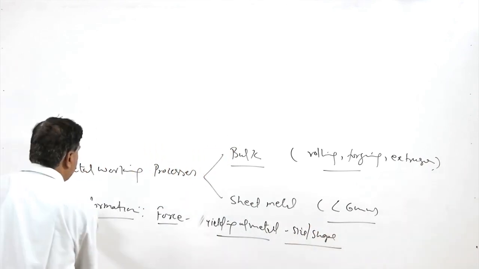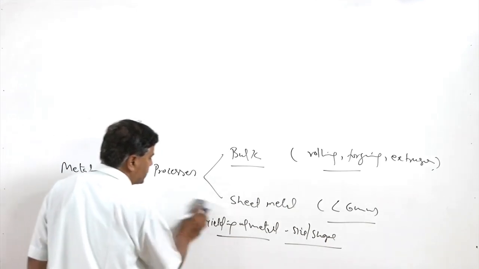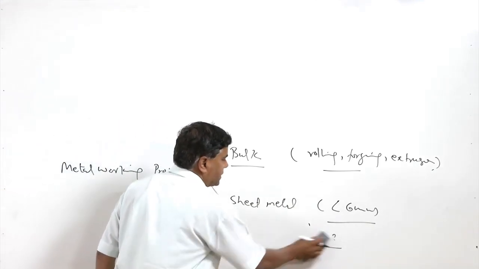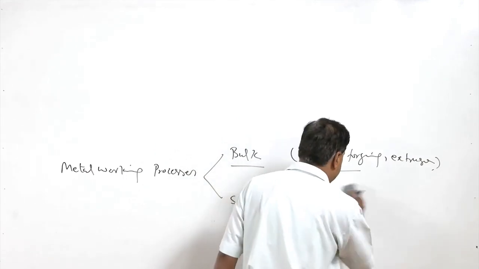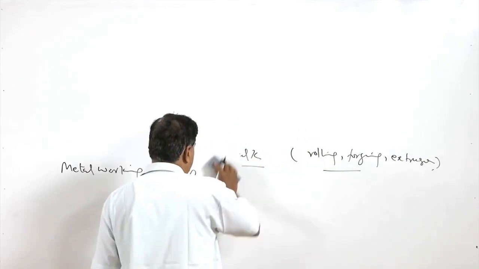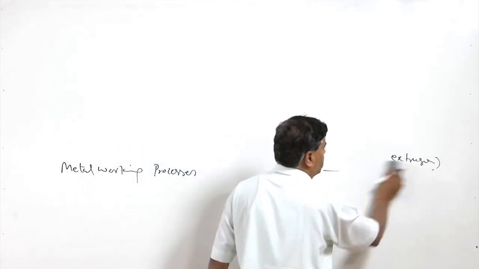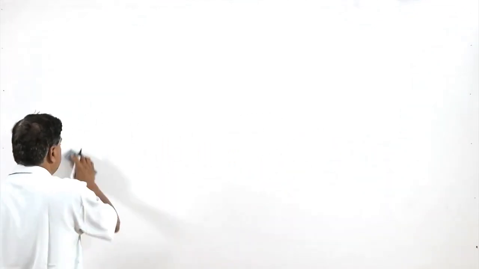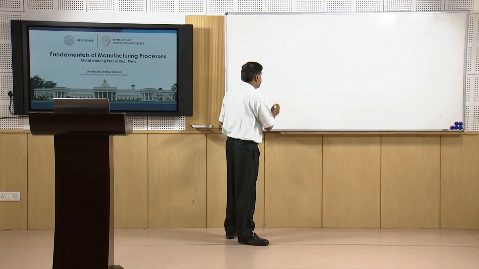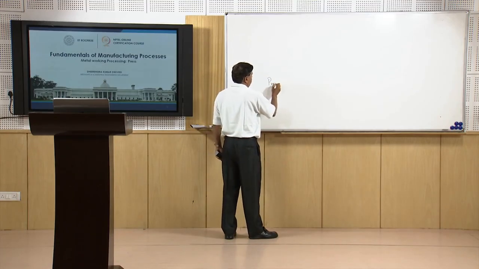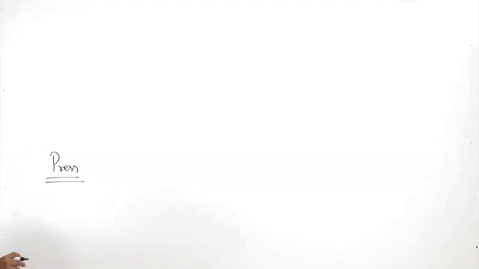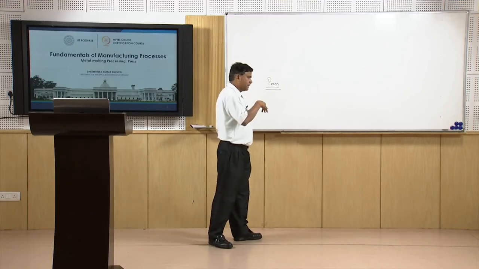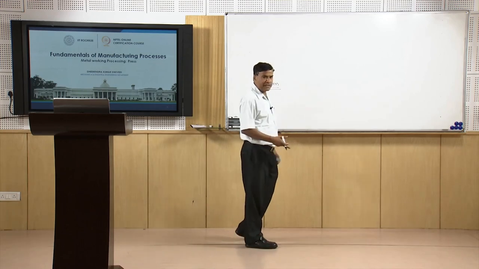So, for application of the force in these processes, so that the deformation can be achieved, normally presses are used. In this presentation I will be talking about the presses which are used: the press, its types, its classification, and the selection, what we need to consider.